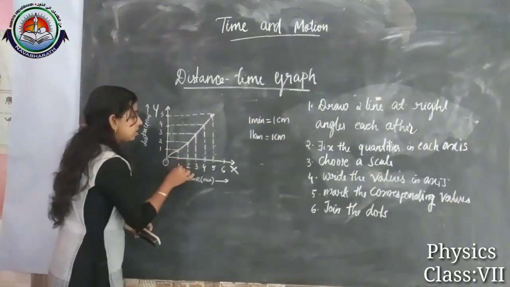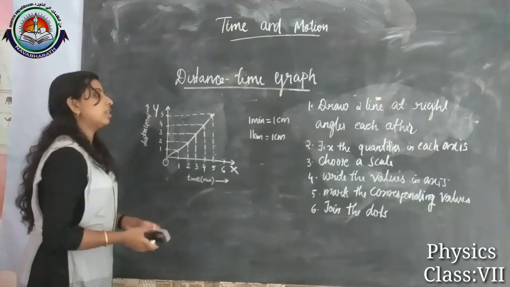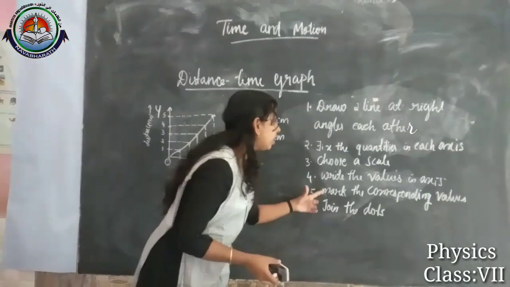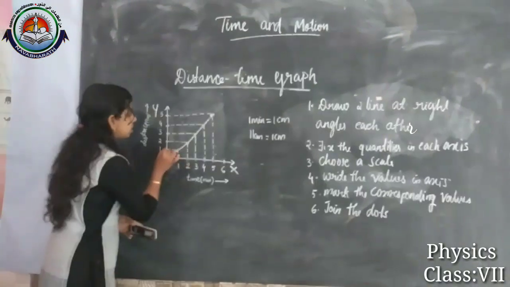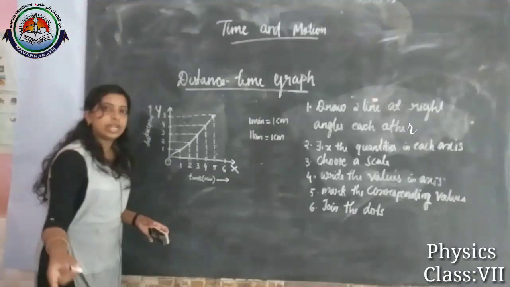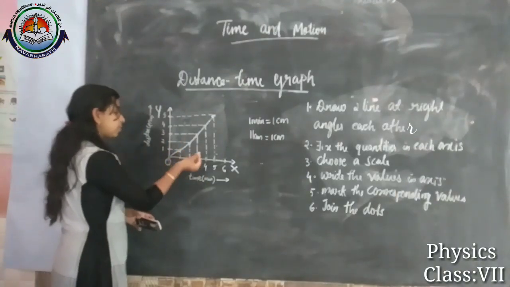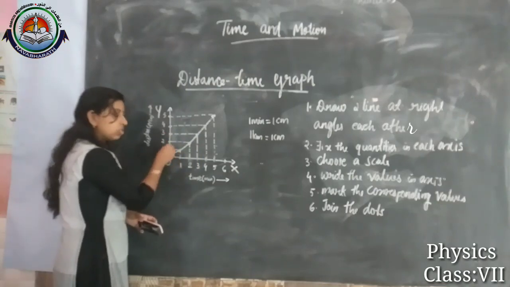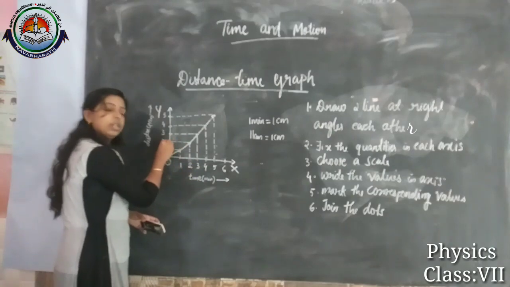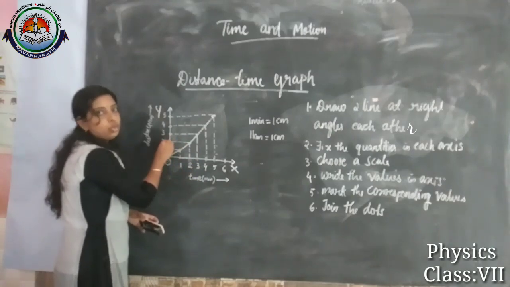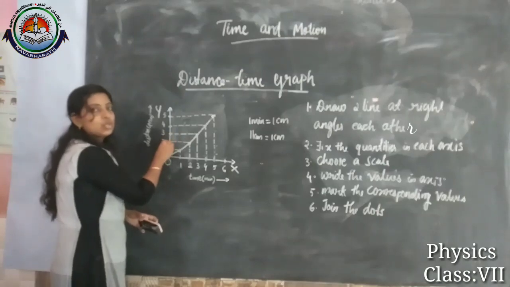After that, write the values on the axis. That means we just put 1, 2, 3 on the x-axis and y-axis. And the fifth point, mark the corresponding values. With the help of the table, when the time is 1 minute, the corresponding distance is 1 kilometer, and in 2 minutes the corresponding distance is 2 kilometers.